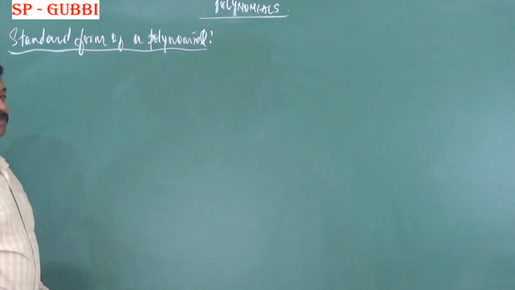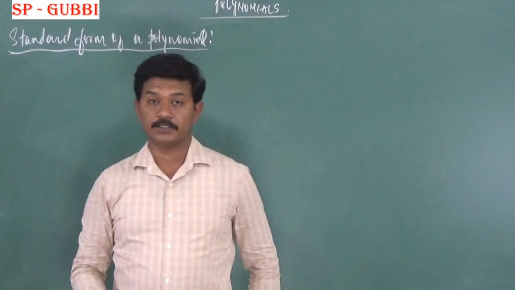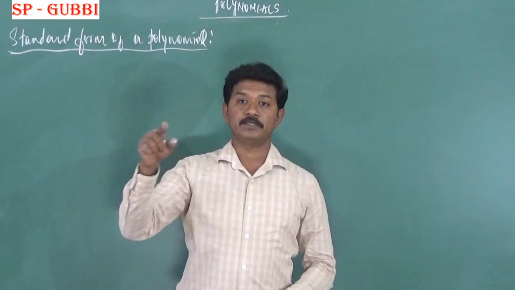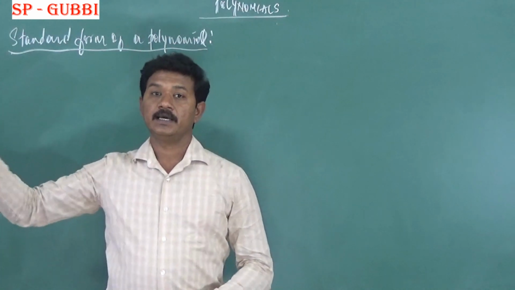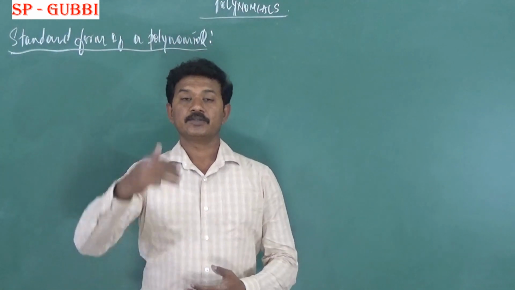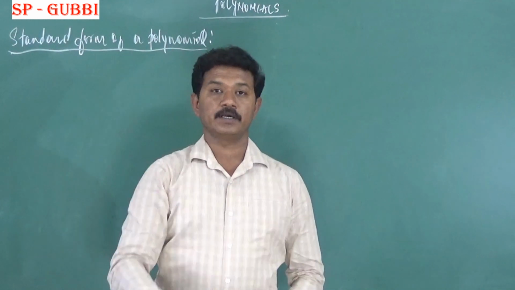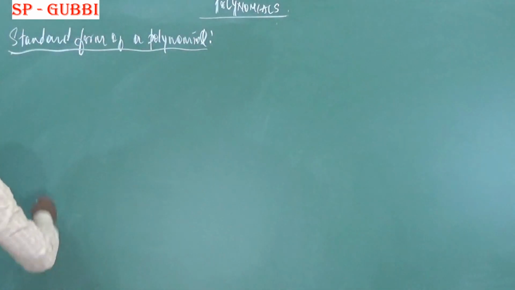This is the most important concept. As we went with the standard form of an AP in the previous session, that is a, a plus d, a plus 2d, a plus 3d, dot dot dot, a plus n minus 1 into d, that was the standard form of an arithmetic progression. Likewise, we have a standard form of a polynomial also.